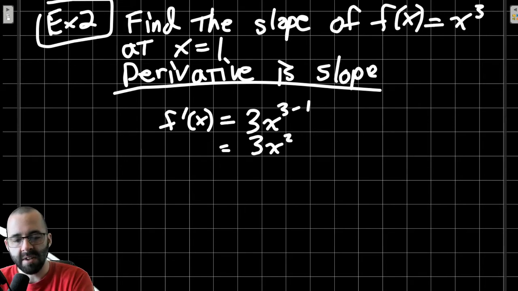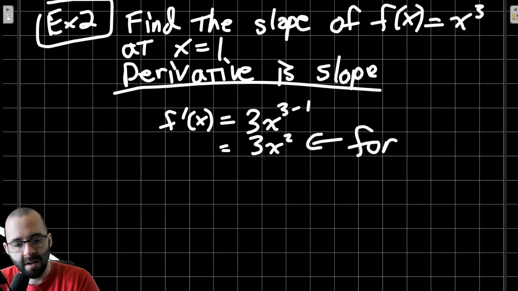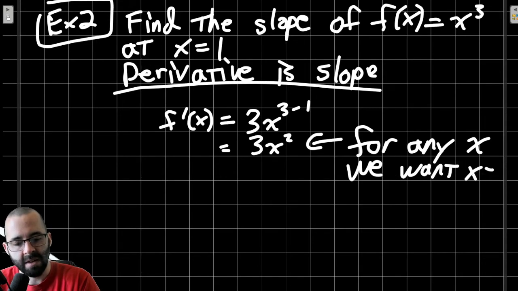So we found the slope function. But specifically, and this is what's a little new, it says find the slope at x equals 1. So we need to find the slope when x is equal to 1. What we found is the slope formula, right? This is the slope for any x. But we just want when x is equal to 1.